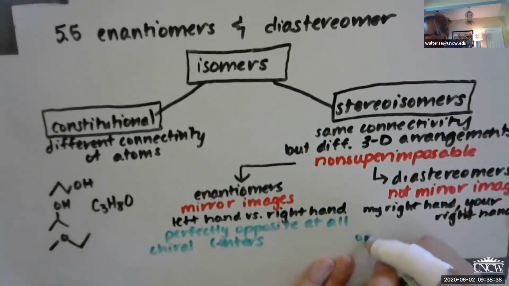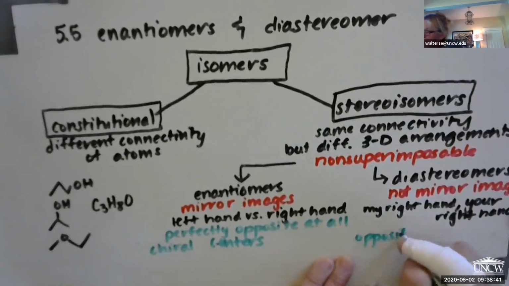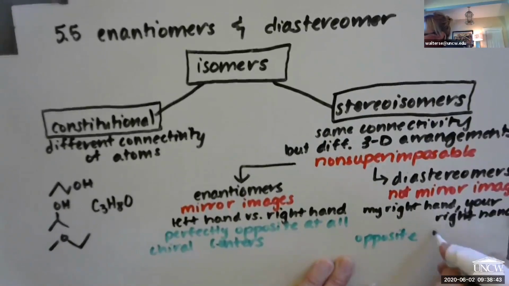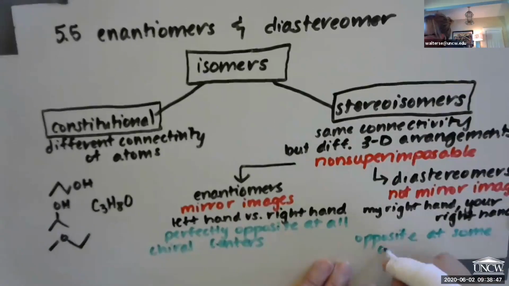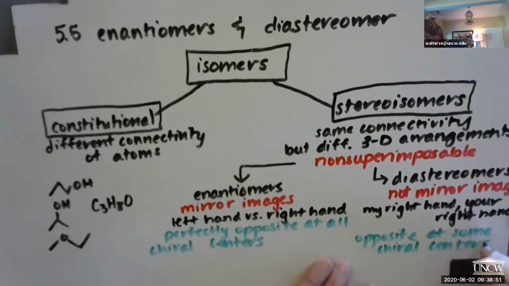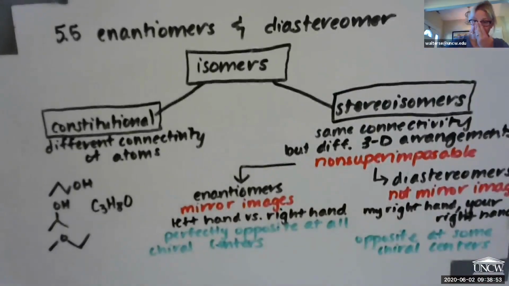Diastereomers will be opposite, and I mean configuration, RS, opposite at some, not all, chiral centers. And we'll draw some, I have some examples, but I just want you to make sure that you have the flow chart worked out. Okay. All right, does anybody have any questions or need any more time drawing out this flow chart?